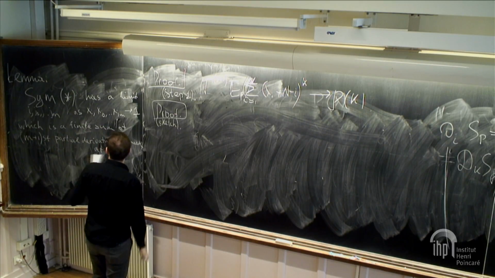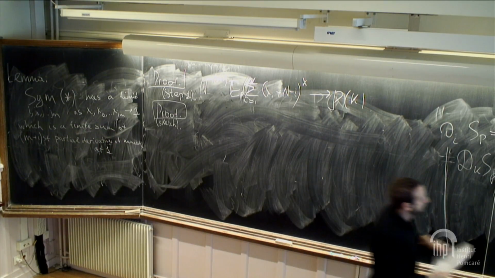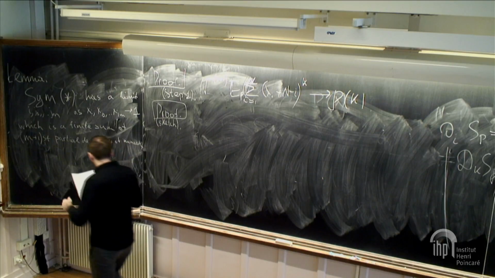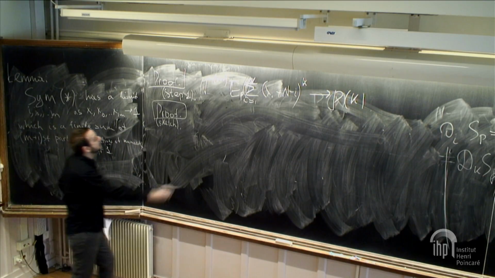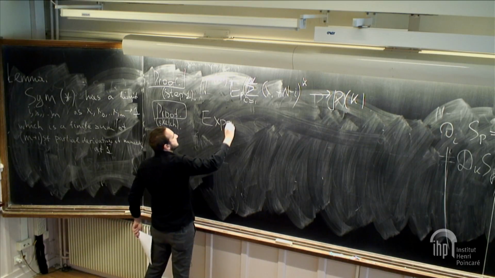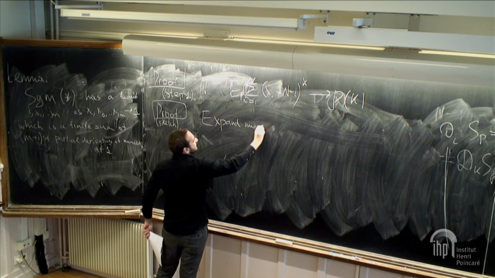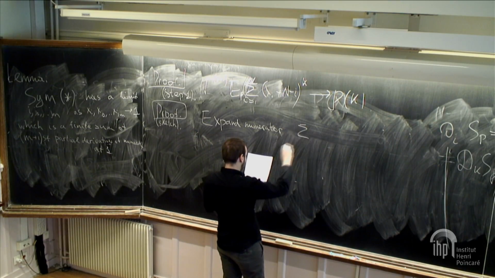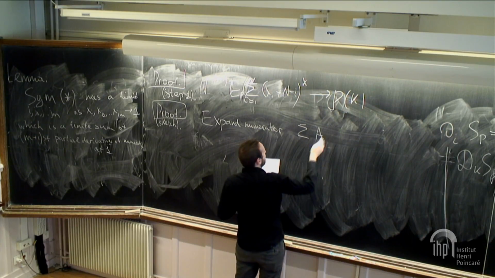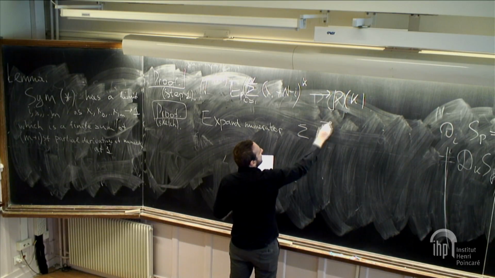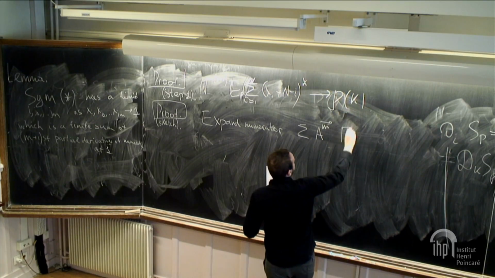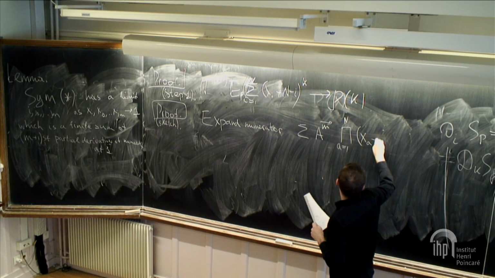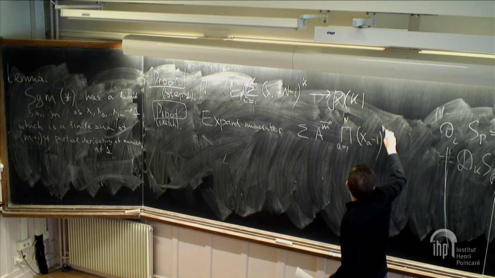So we will expand the numerator, this thing that we want to apply it to, as some power series: sum of a_M, where M is a multi-index, times the product over a from 1 to k of (x_a minus 1) to the power M_a.